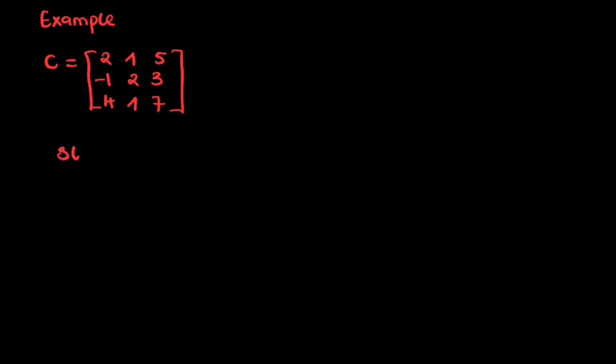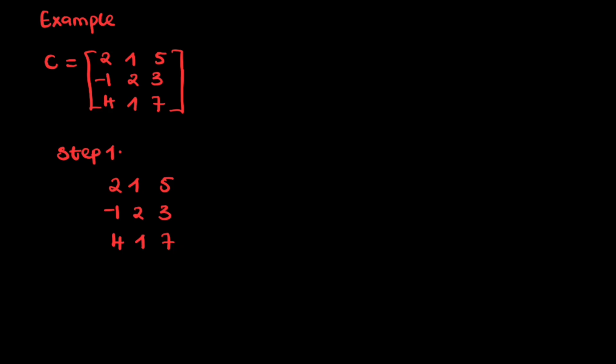So let's take it step 1. We are going to write this matrix 4 times. So write it 4 times. I mean 2, 1, 5, minus 1, 2, 3, 4, 1, 7. So we are writing it the first time.